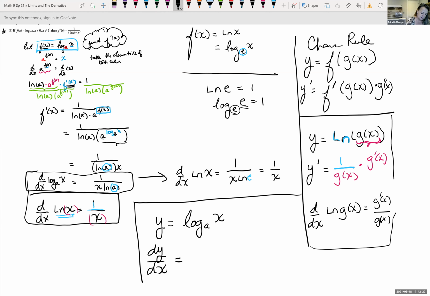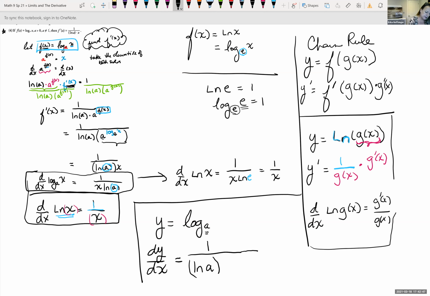This was 1 over whatever natural log of whatever our base was, a, times the inner. Oops, but I wanted to write this maybe as g of x instead, not just x.